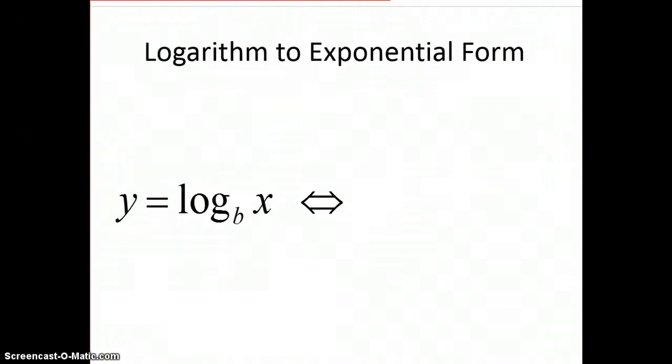So the two things that you can cycle back and forth from, and keep in mind that we do have these variables. So this first variable, b, if it's log base b of x, okay, base b means that base is still going to be there. It's still going to be the base, so it's going to be something raised to an exponent.